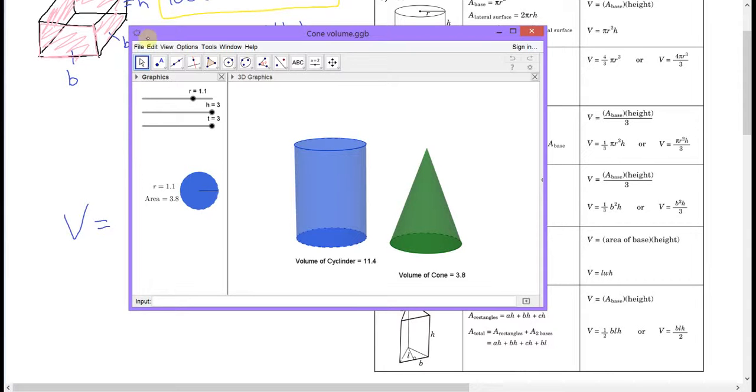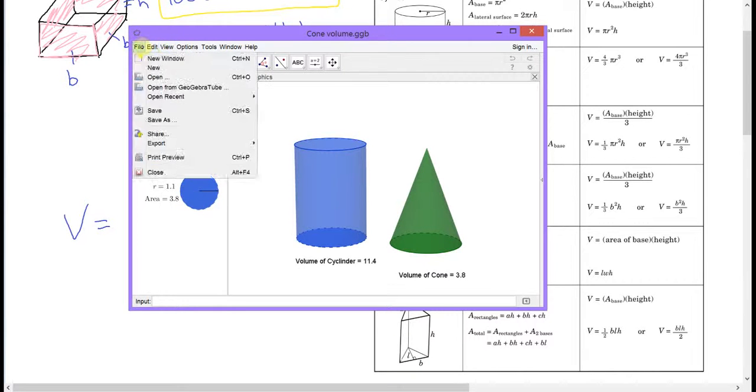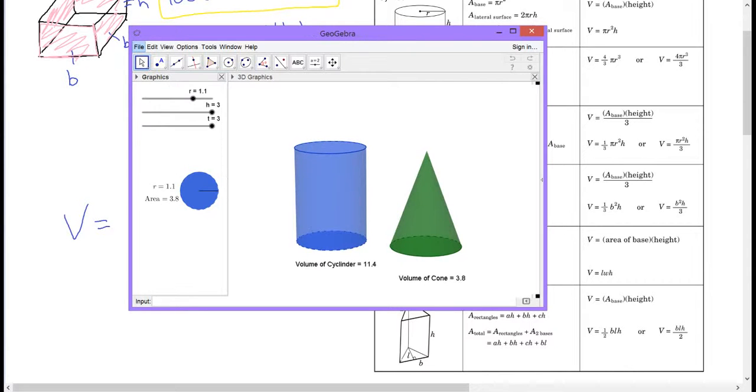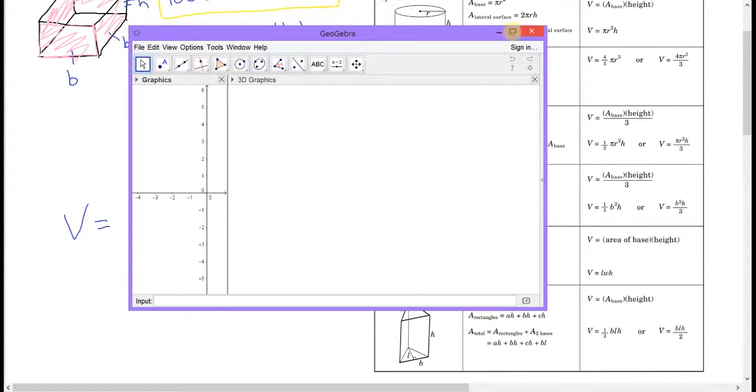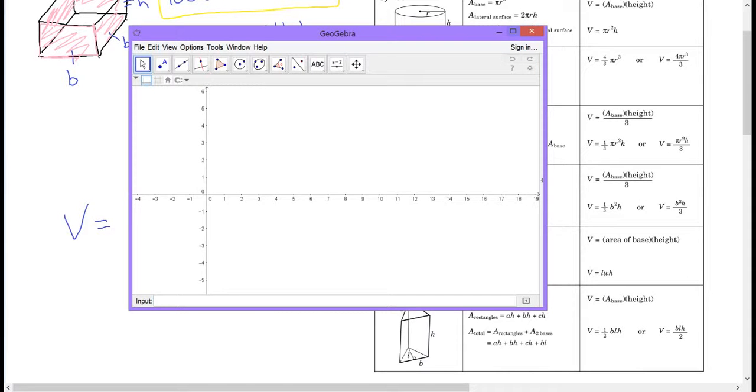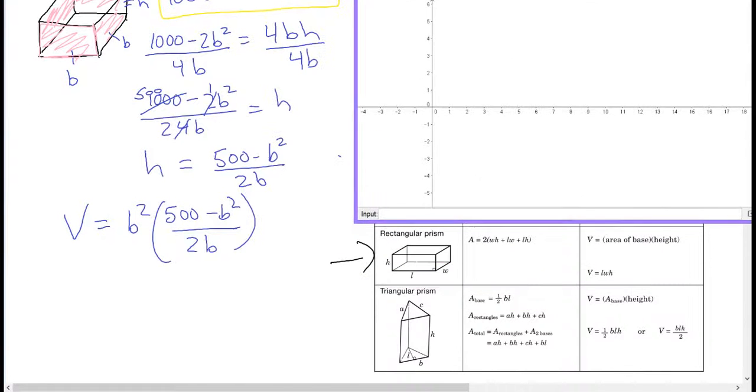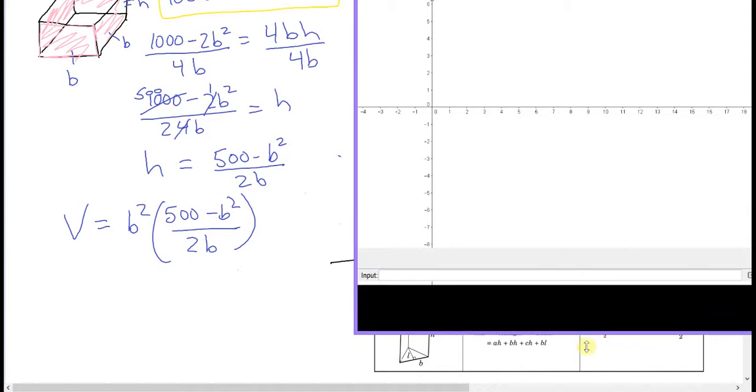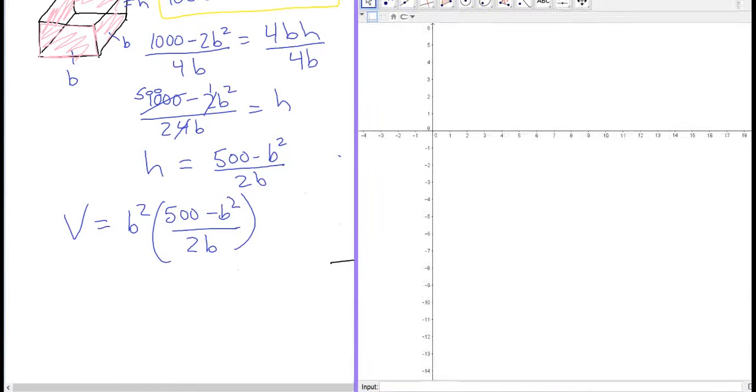So I'm going to make a new graph here. Let me pull this down so you can see all the buttons I'm pressing.